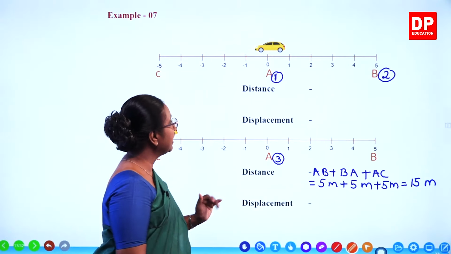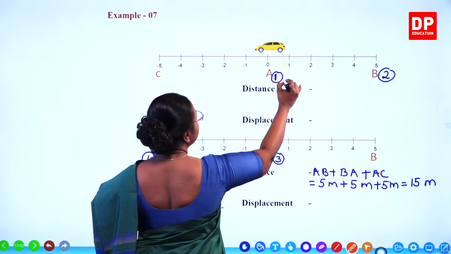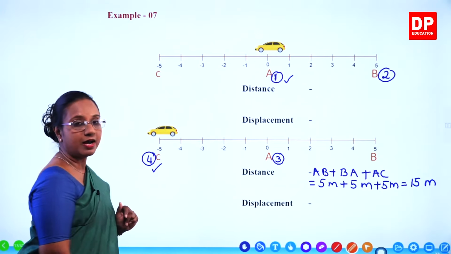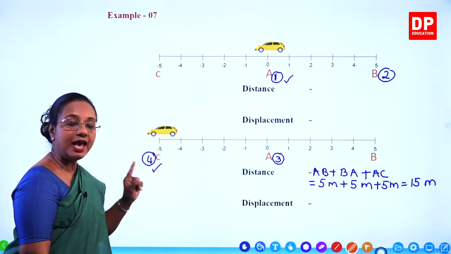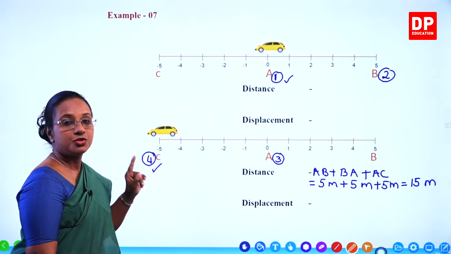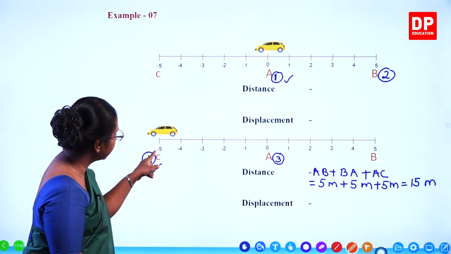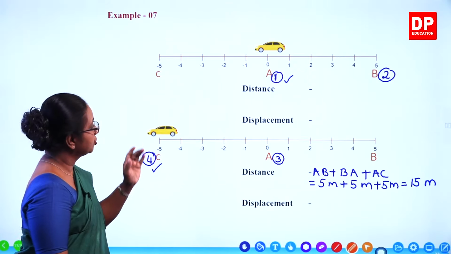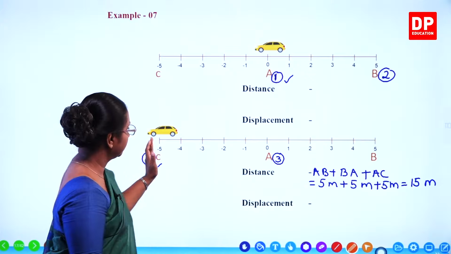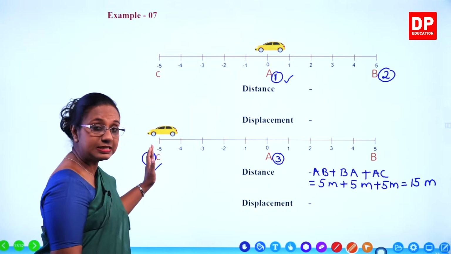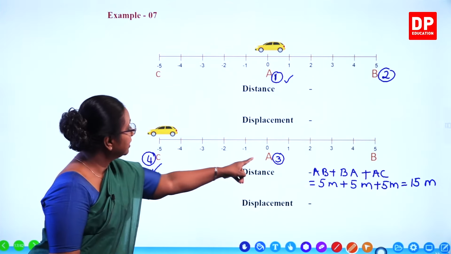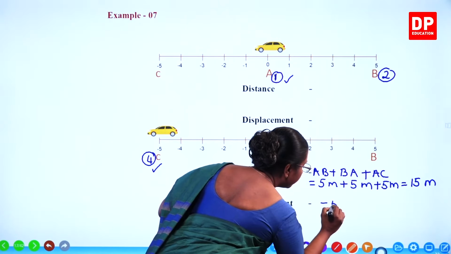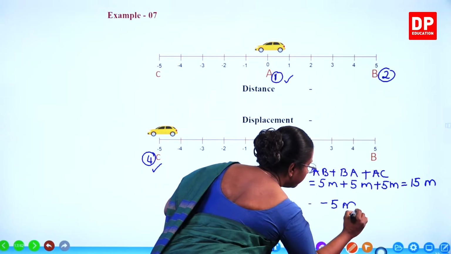But for the displacement, we will only need the initial position and the final position. And this has a direction. So we will have to consider the sign of the value as well. So from A to C, you can see the displacement will be minus 5 meters.